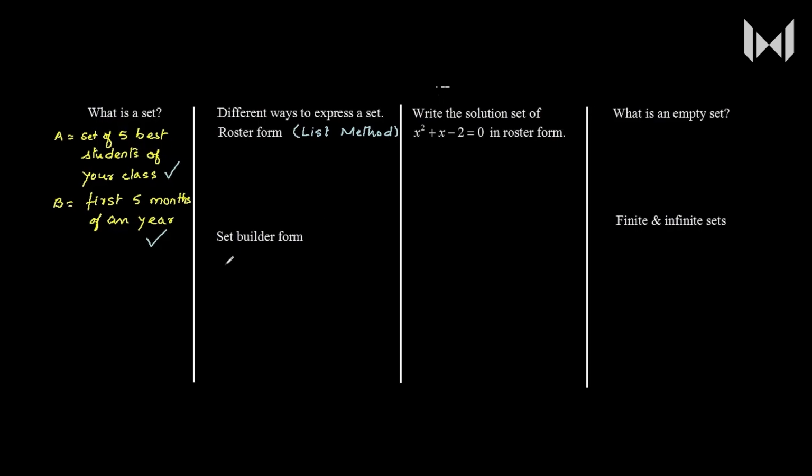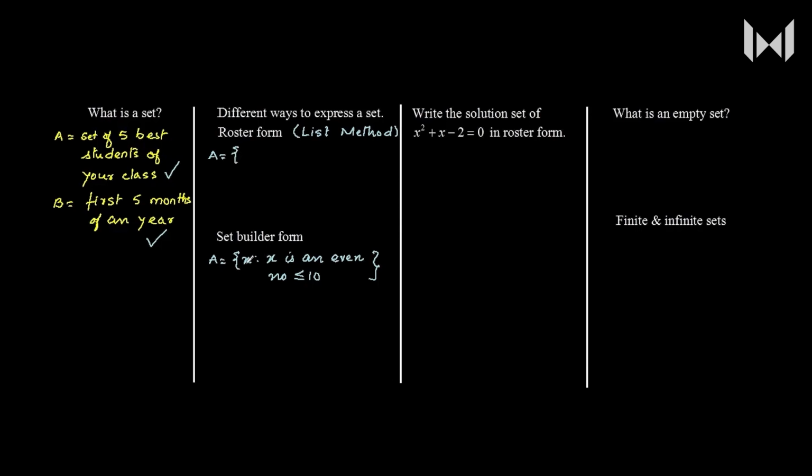So if I talk about a set A, and I write x such that x is an even number less than or equal to 10, this is what is called the set builder form, where we are defining the property of the elements of a set.